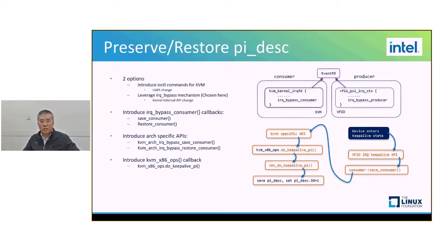We introduced two callback interfaces for the IRQ bypass consumer data structure. When the device enters Keepalive state, the callback save consumer will be invoked from the VFIO side. It will eventually trigger a newly added callback in the KVM x86 ops, which will save PID and set the suppress notification bit in the PID.